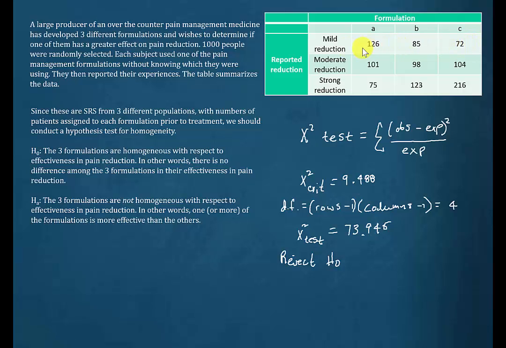Note that there are 72 in the mild reduction response, 104 in the moderate reduction response, and then 216 in the strong reduction response. So while we see a pattern in the data itself, the chi-square test verifies that this is a significant pattern and we do not have homogeneity between the groups.